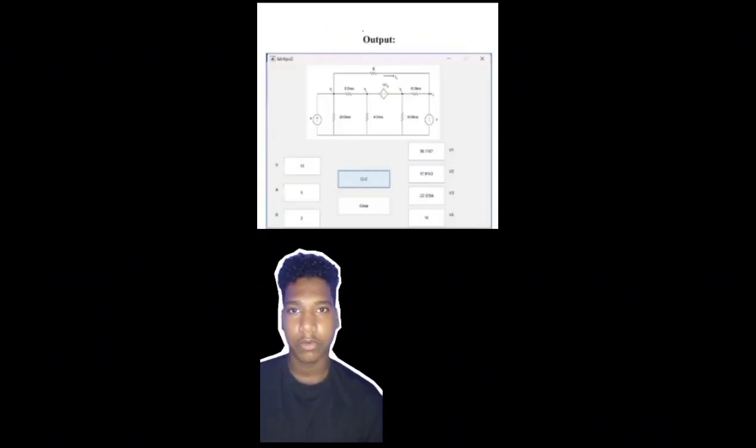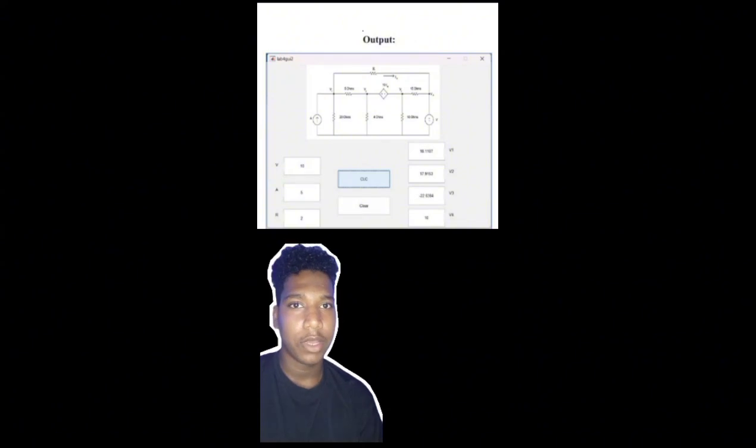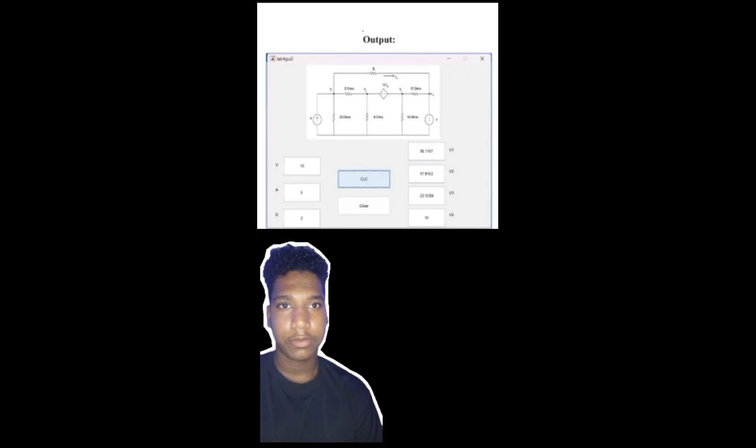Output. Okay, the first image 1 shows the equation of the straight line passing through the points 8.1107 and 522.6384.